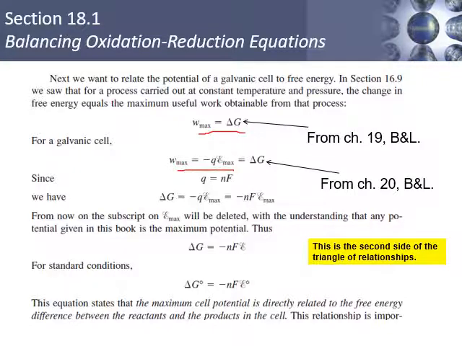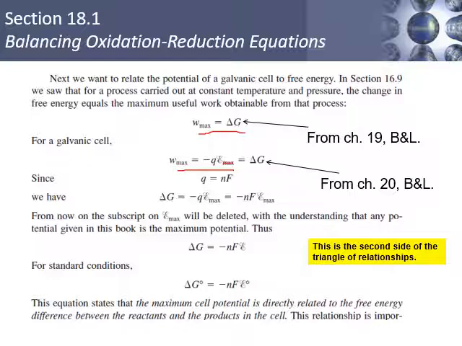We said that the work for electrochemical cells would be the charge times the voltage. The maximum here they're going to get rid of, so I'm just going to mark it out because we're going to remove that soon anyway. So just in this chapter, chapter 20, the work we can get would be equal to minus Q times the voltage, whereas from chapter 19, it would be minus delta G.